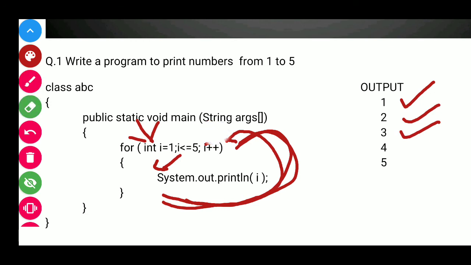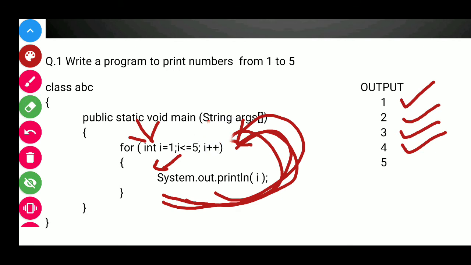It will become 4. i means 4 is less than or equal to 5. Yes, the condition is true. It will go inside the block of the for loop where it will print i. So i is 4, 4 will print. And again it will go to the increment.